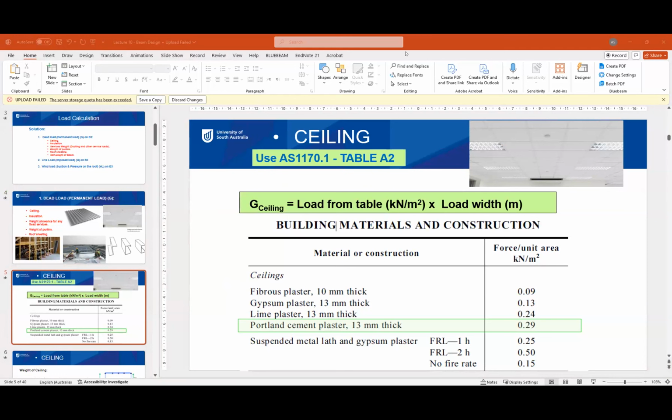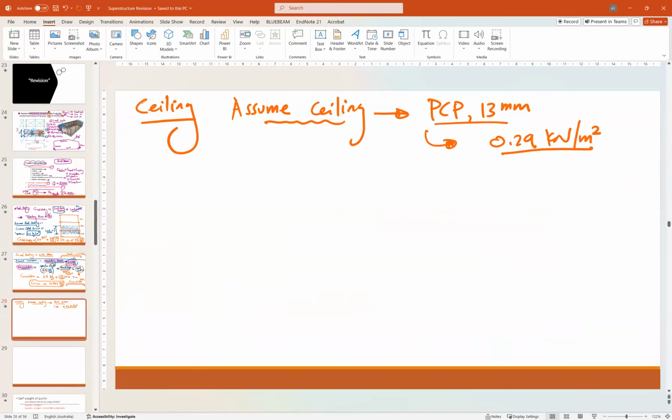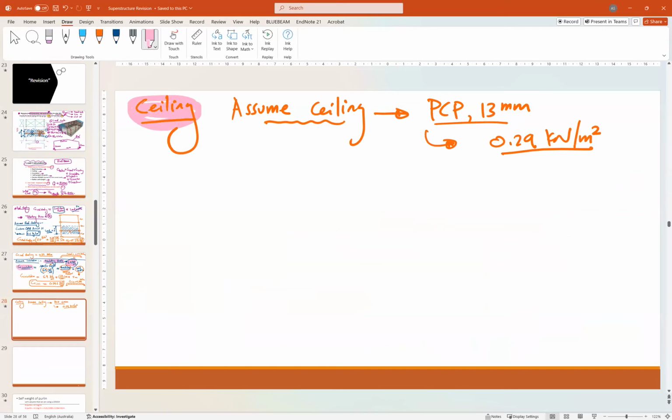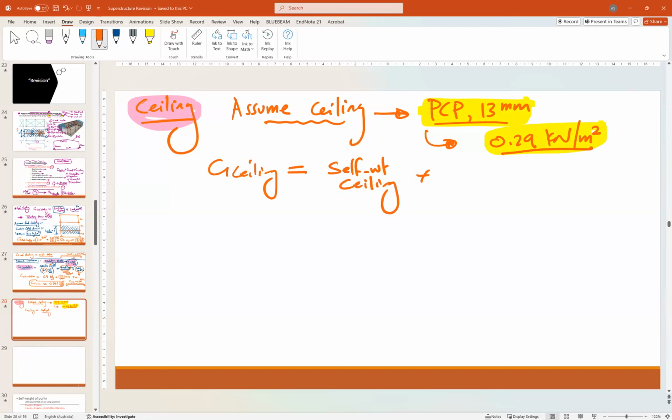So if we go to our example, we assume a ceiling. This ceiling is BCB or Portland cement plaster. The weight of this one is 0.29. So how do we convert this to load on the rafter? G ceiling on the rafter or the beam will be equal to the load from the self weight of the ceiling multiplied by what?